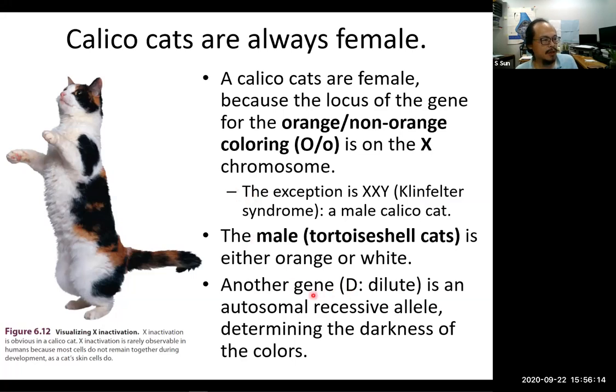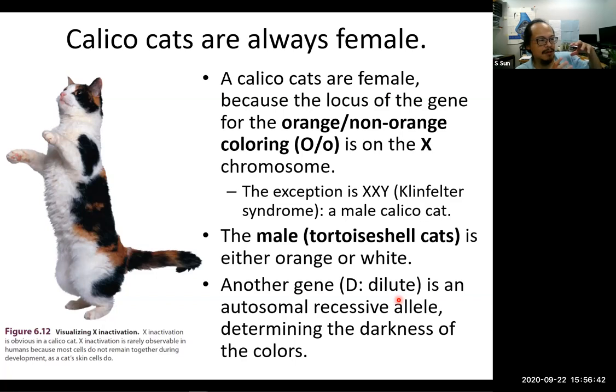Another gene is called the dilute gene. This dilute gene is not on the X. It will affect the darkness of the fur. So if it is orange, then it will be light orange or dark orange. If it's a calico, it will have spots of lighter orange or darker orange.